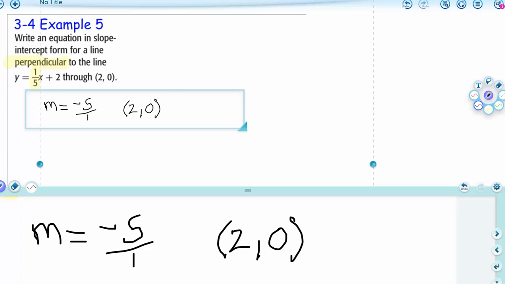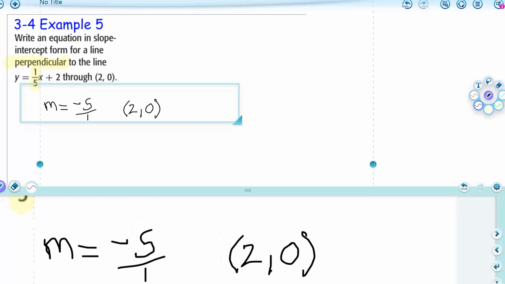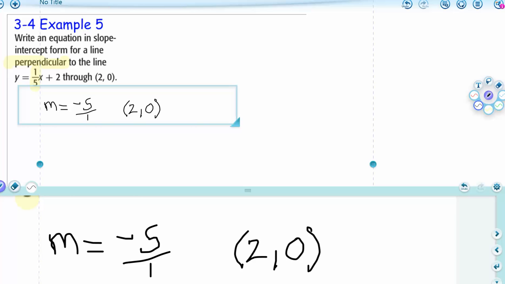Now, if I'm going to decide how to write this equation, I have to look at what information I'm given. The first piece of information that I just deciphered was the slope. And the second piece of information that I was given was a point.